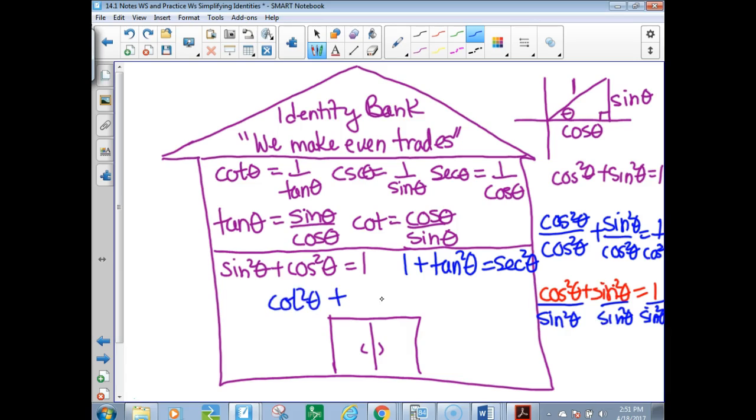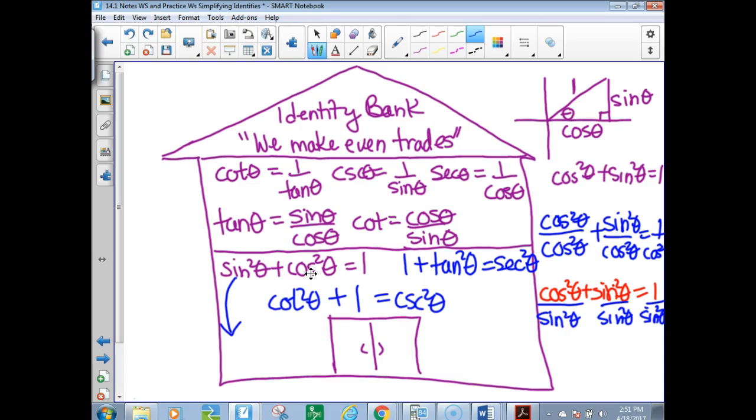Sine over sine, 1. 1 over sine, excuse me, cosecant, not secant. Oopsie. There we go. Cosecant squared. Those are Pythagorean identities.